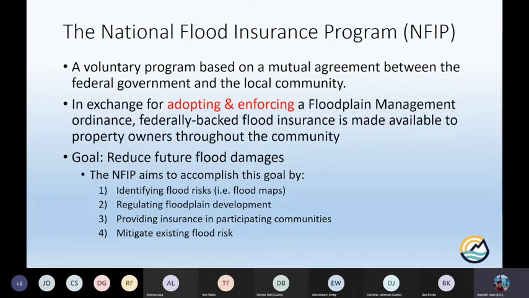No matter how high we set our standards, there is always a level of residual risk, and that's what insurance is there to cover, that risk that is always going to be there no matter what, because you're in a high risk zone. And then the last one is mitigate existing risks. So again, this was set up in 1968. There was a large amount of housing stock already existing in Kentucky, so taking action to reduce the risk to existing structures.